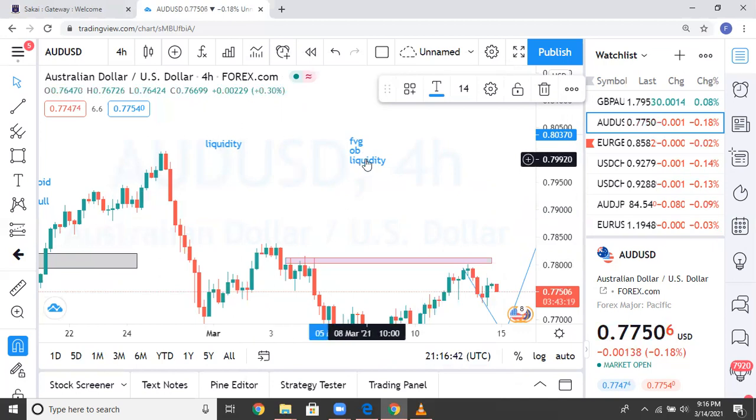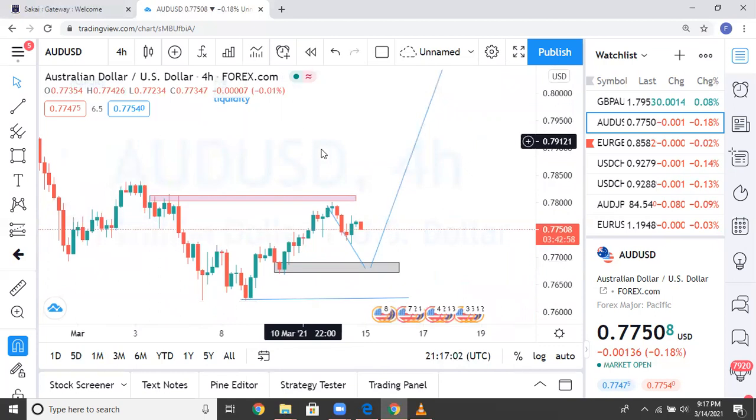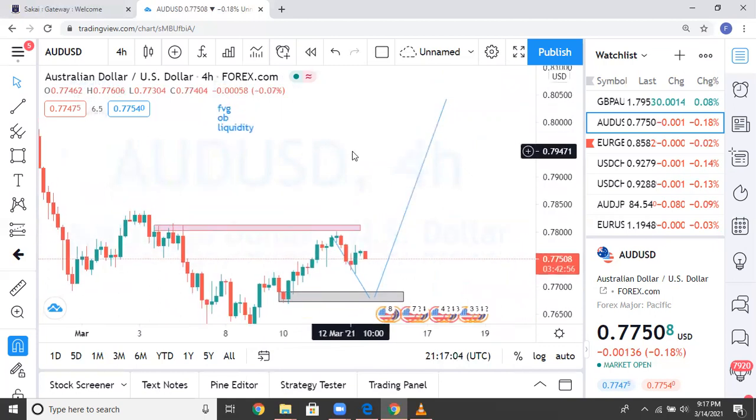We spoke about the liquidity, which is when the market is moving in one direction without an order block. So let's move on to how you can combine these three to get a correct sniper entry in ICT.